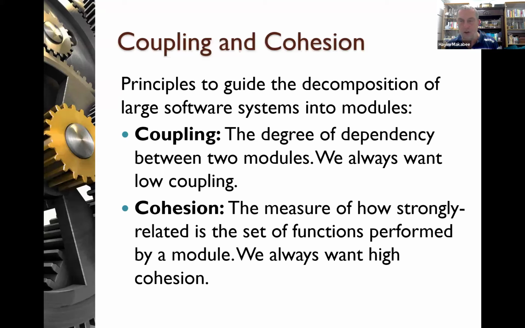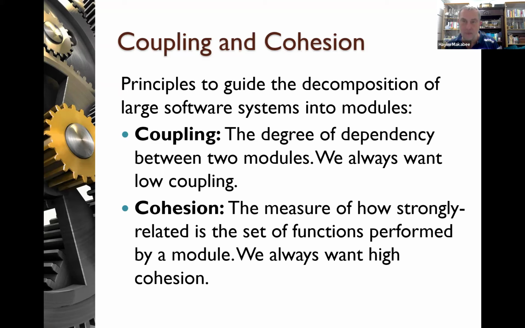So if I have one component in my software system, the cohesion is a measure of the strength of the connection between the different functions that are performed by this specific module, this specific software component.